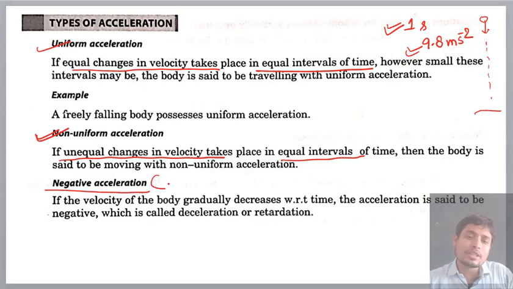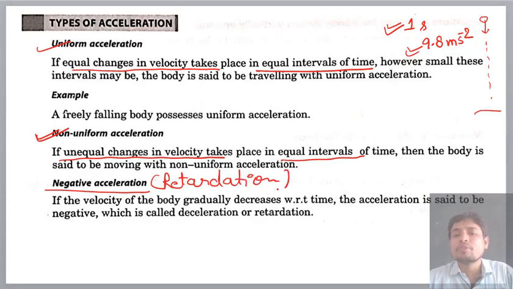Negative acceleration, this is important. This is also called retardation. Negative acceleration means if your car is slowing down, like when you apply the brake, then the speed of the car will decrease.